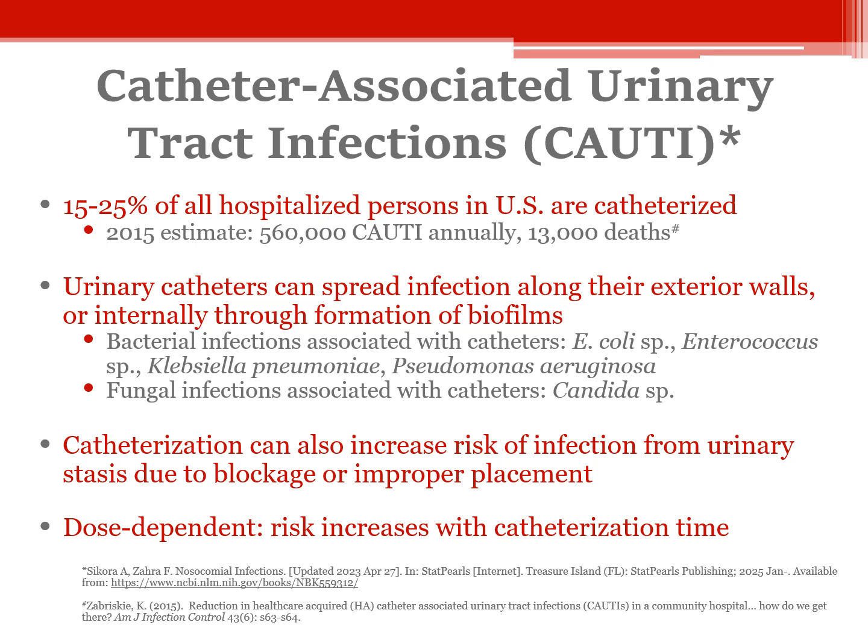Catheterization can also increase the risk of infection from urinary due to a couple of other conditions, one of them being urinary stasis. It seems kind of counterintuitive. You assume that putting a catheter in there would help the bladder drain a little bit better. But if the catheter is not placed exactly right, it can actually cause pockets of stasis where there's certain parts of the bladder that don't properly empty because of where the catheter is placed.